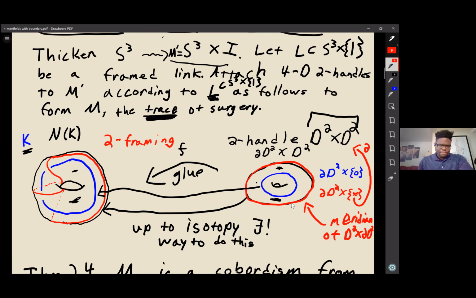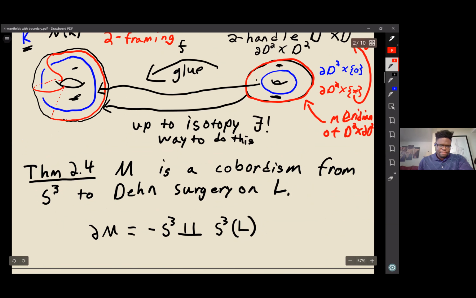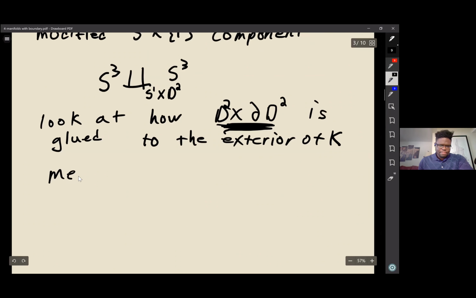And the meridian of this solid torus is just getting glued to the framing of K. And there's a unique way to do that. Right, so the meridian of D2 times the boundary of D2 gets glued to the framing.